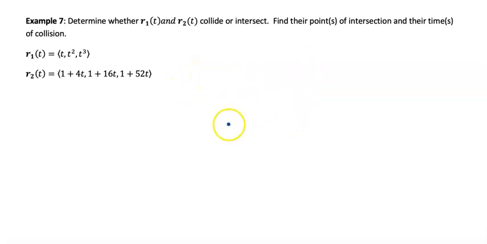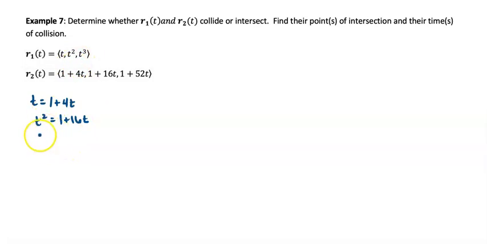So let's look at their collision first, because to find their collision, we know they need to be in the same place at the same time, which means that the x component of r1 must be equal to the x component of r2. The y component of r1 must be equal to the y component of r2.